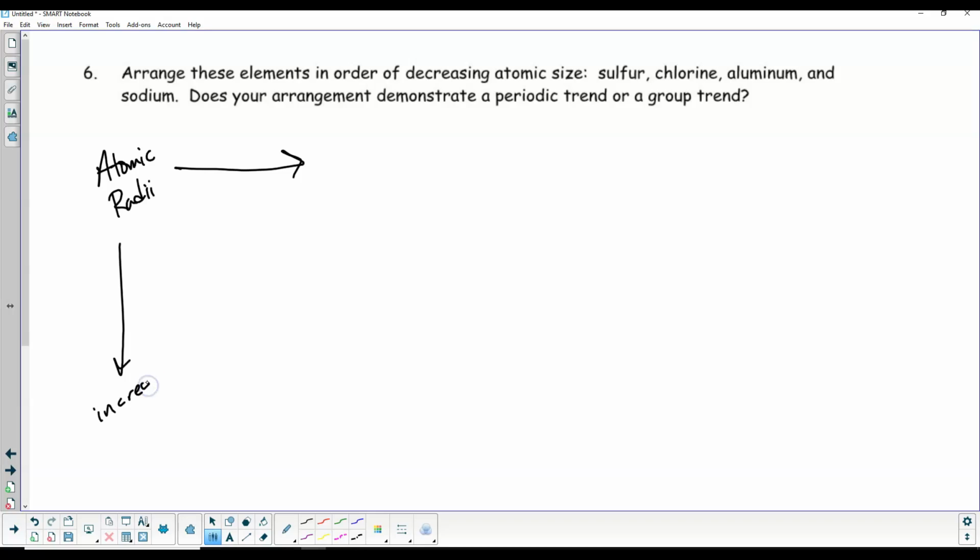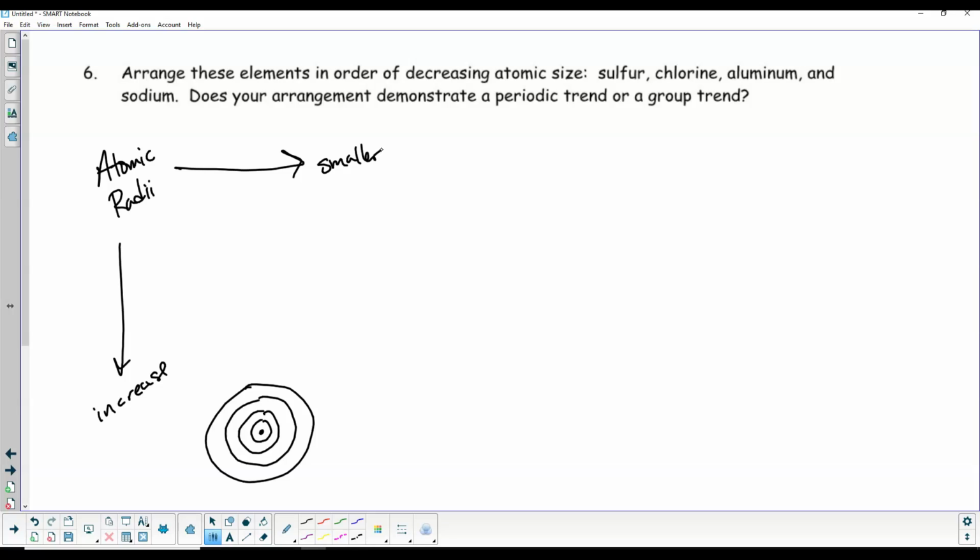Why? Because every time you move down one of those rows, you increase the size of the atom because you get more shells. Here's the nucleus, here's the first energy level, the second, the third. As you add rings, the atom gets bigger. So going down a group, the atoms get bigger. Going across from left to right, they get smaller. At first, this doesn't make a whole lot of sense.